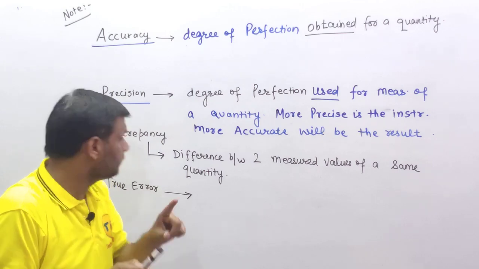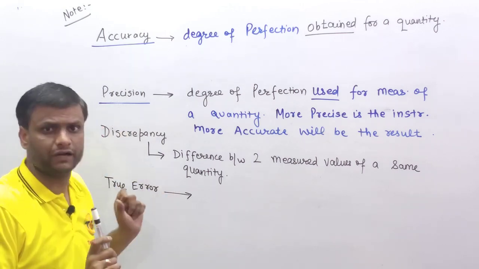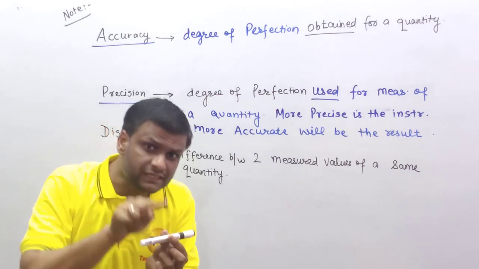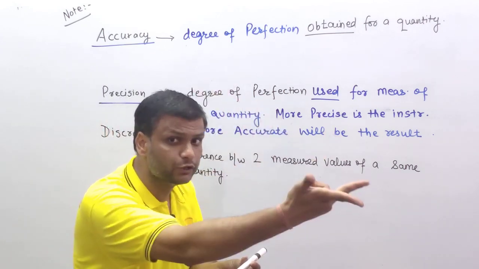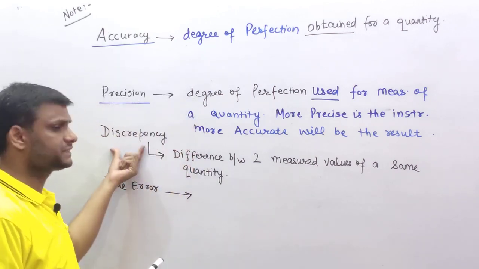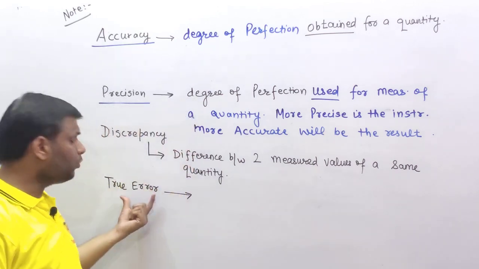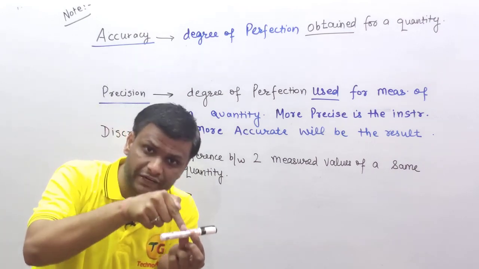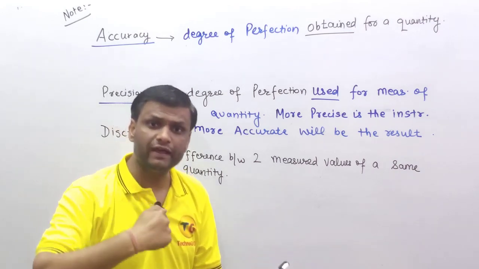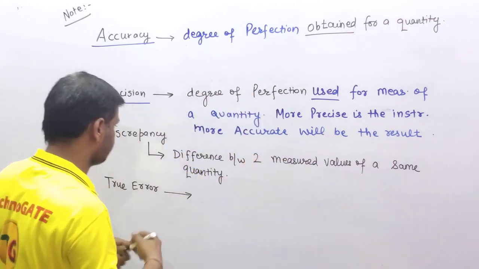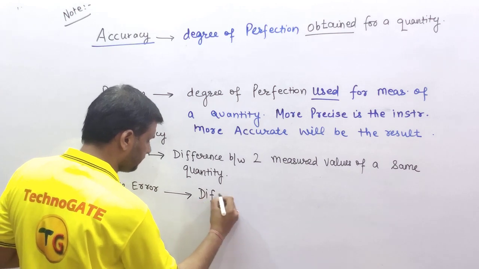So discrepancy is the difference between two different values measured for the same quantity, whereas true error is the difference between the true value of the quantity and the measured value of the quantity, not two different measured values.